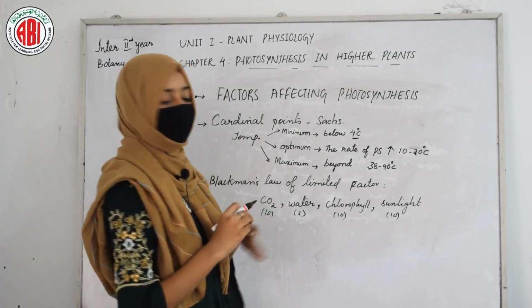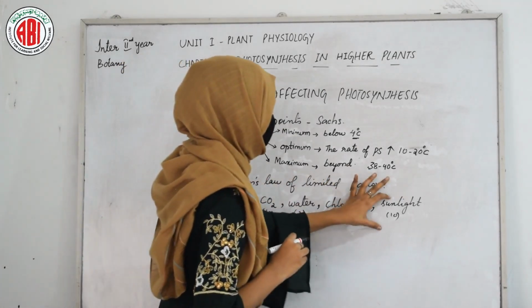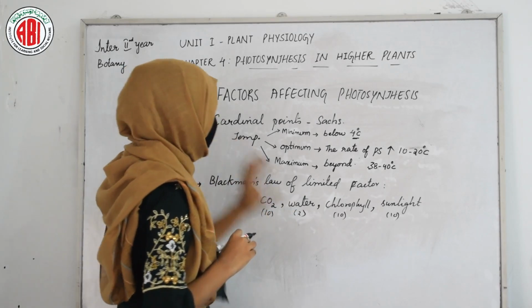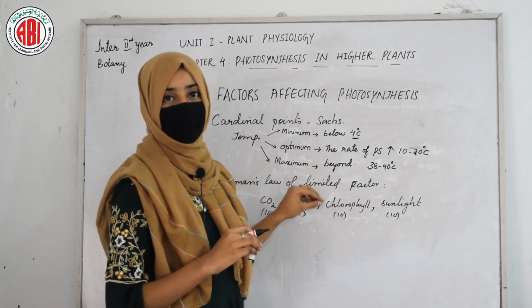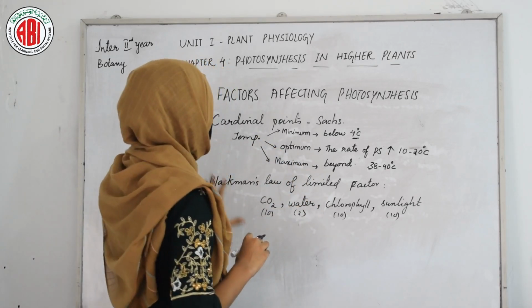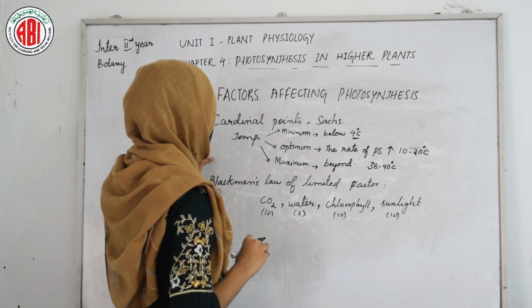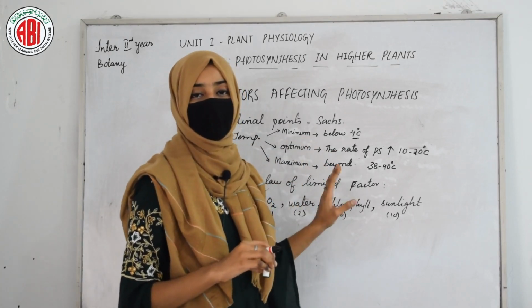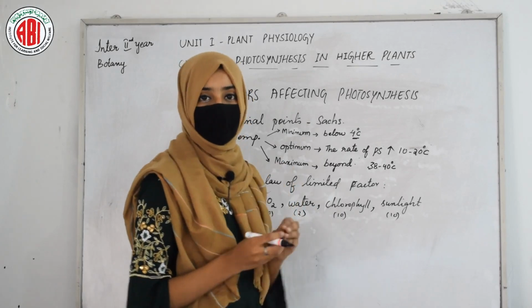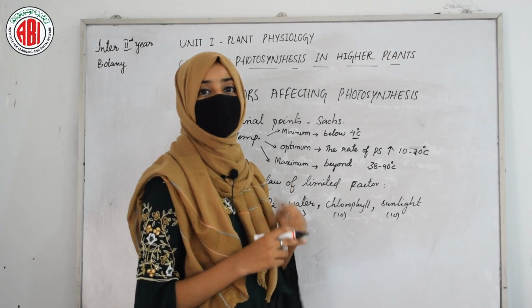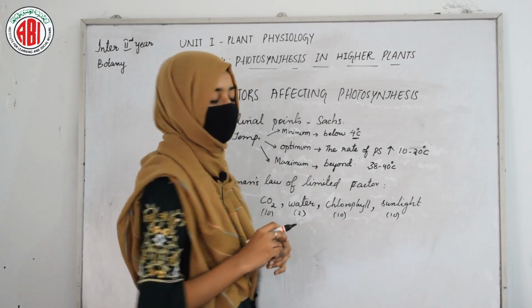In spite of having all these factors in a proper amount, if one factor is not present in a proper amount, then that limiting factor would affect the rate of photosynthesis. So this is Blackman's law, according to which the factor present in the minimum concentration would decide the rate of photosynthesis.